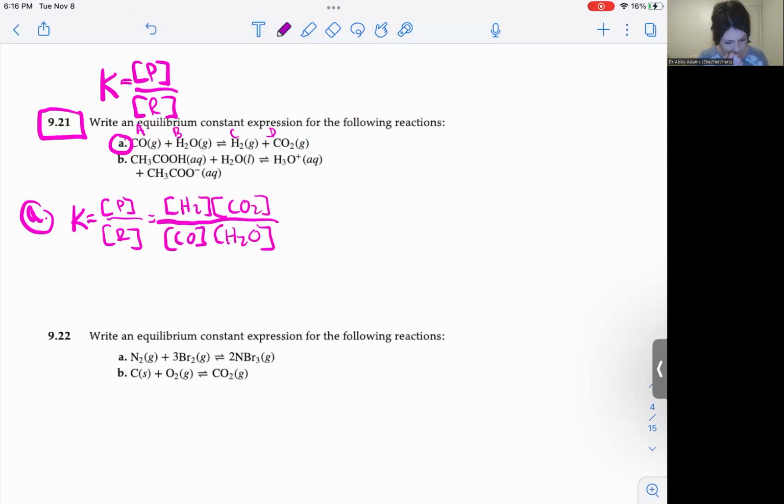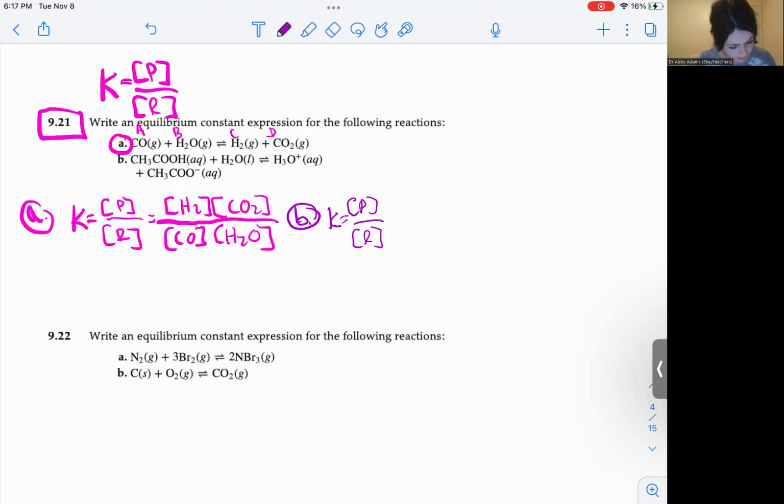So we've done A, now let's do B. Once again, go ahead and write out your K equals, and it helps to do this on your test too, I think. So what will we have? Look at our equation.